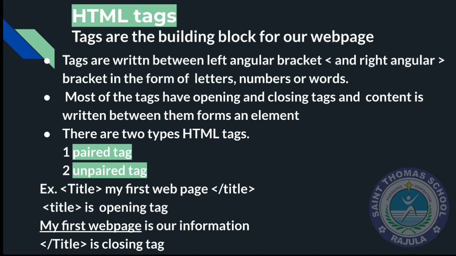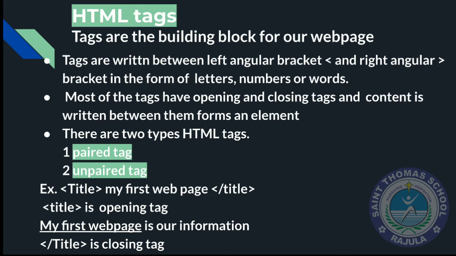So first is the opening angular bracket, then the content, and then the closing angular bracket or closing tag. This forms an element, and this is the example of a paired tag. Means two tags are there. You can see here opening and closing. So the tags that have a pair, one the opening and one the closing, are known as paired tags.